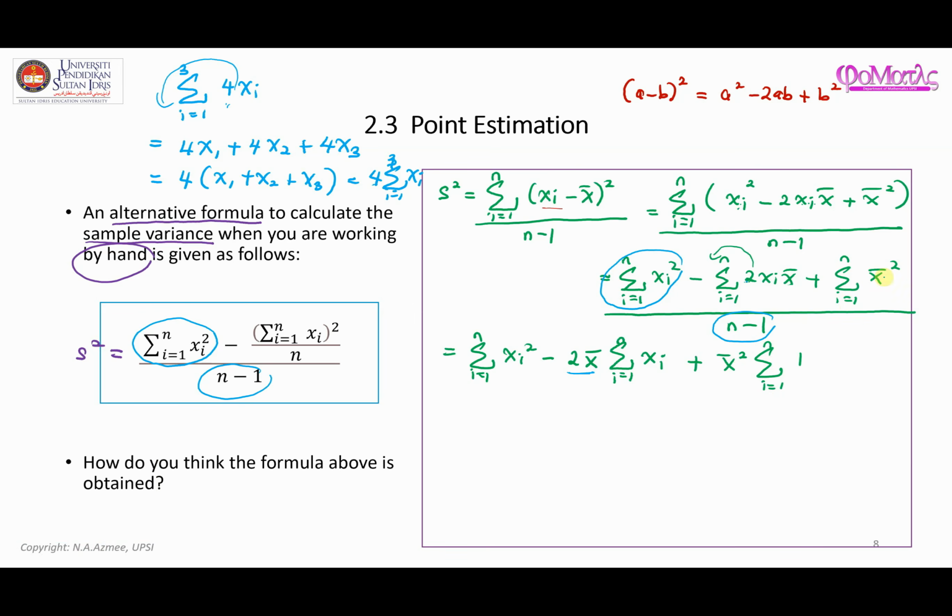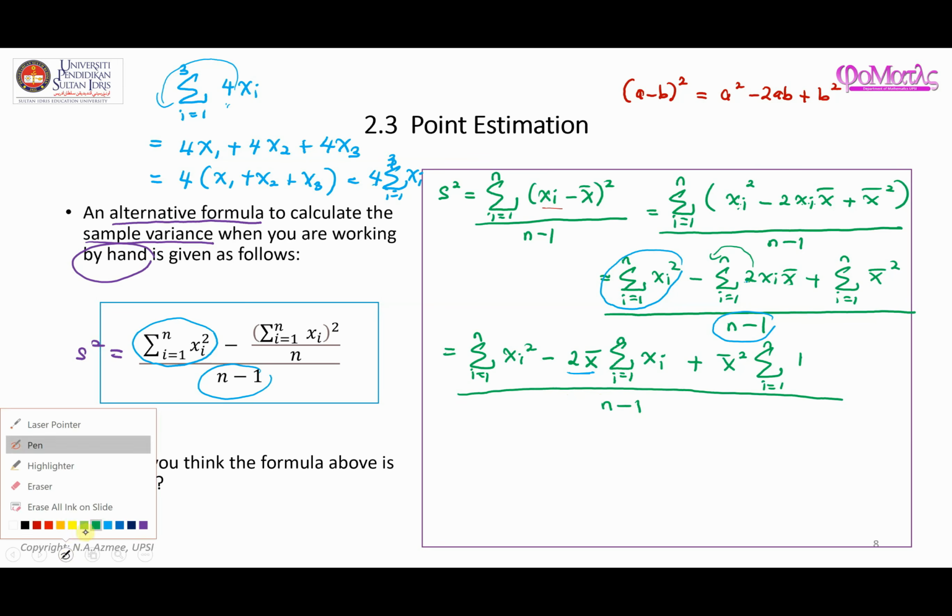Okay, you factor x bar squared out, so this will be left. The number that is inside here is going to be equal to 1. Okay, and this is over n minus 1. Okay, next. Okay, I'm just going to focus on this part here. Okay, on this part.